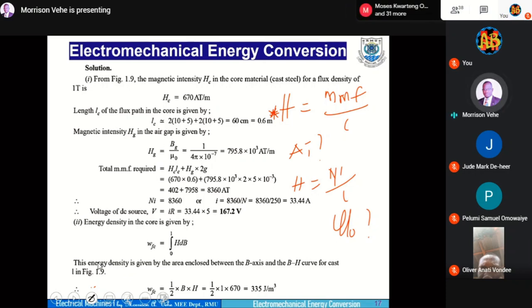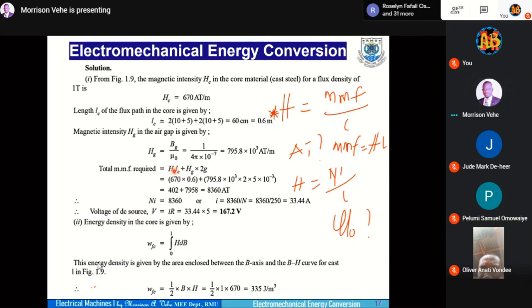So once you recall your magnetic circuit, you can say that my MMF, if I multiply through by L, should be equal to H times L. It's the field intensity times the length. That is basically what we are indicating here, that the total magnetomotive force required will be this.